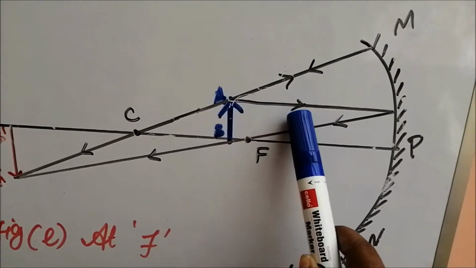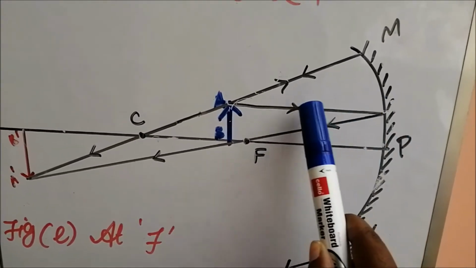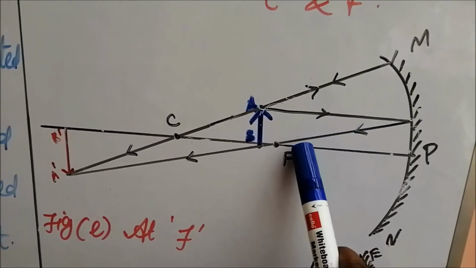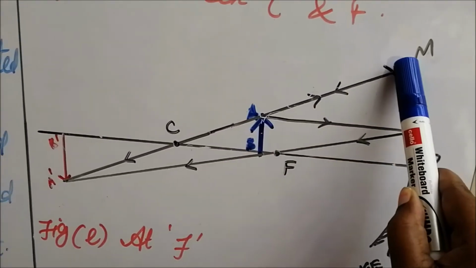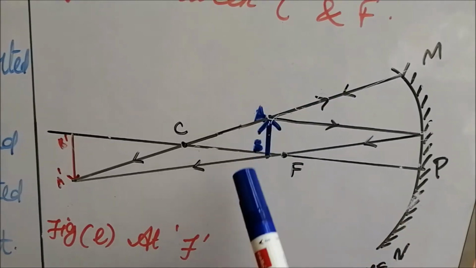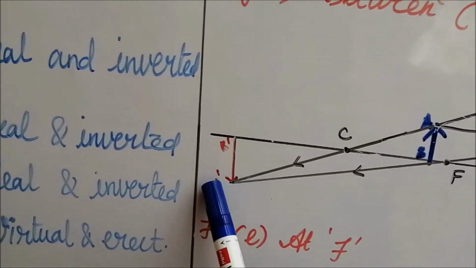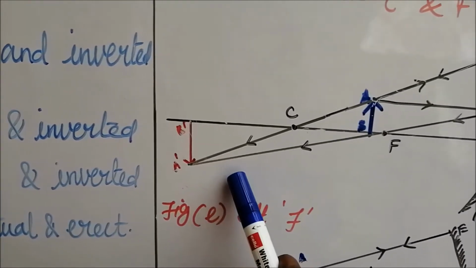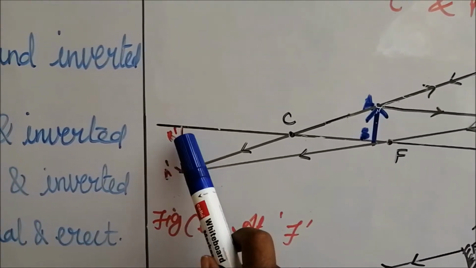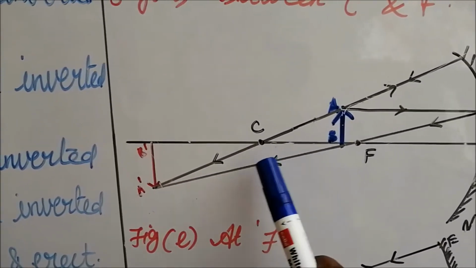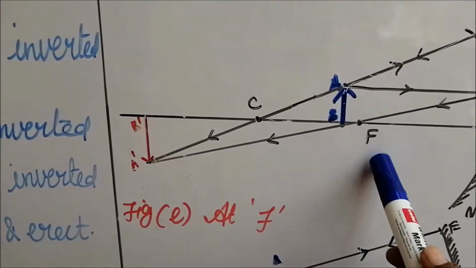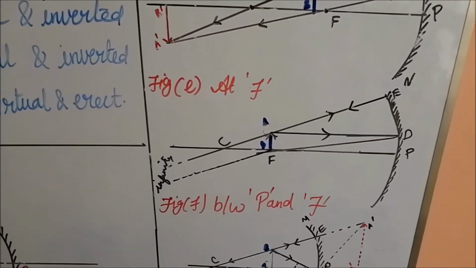The another ray is directed towards this direction, and this ray is getting reflected through this path, and this ray is getting reflected through the same path, and we are getting the image beyond C. This is an enlarged image. In this case, the image is enlarged than the actual size of the object.